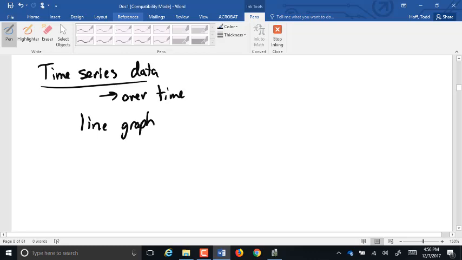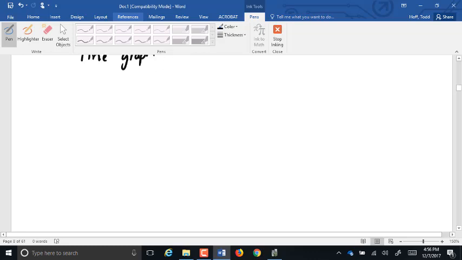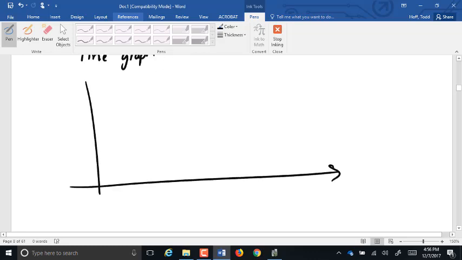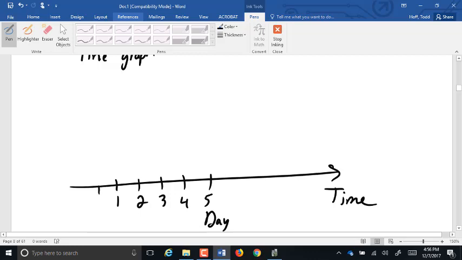A line graph is always going to have the time across the bottom. So this is day 1, 2, 3, 4, 5. Let's just say they're going to do it each day for a week. So let's say 5, 10, 15, 20, 25.